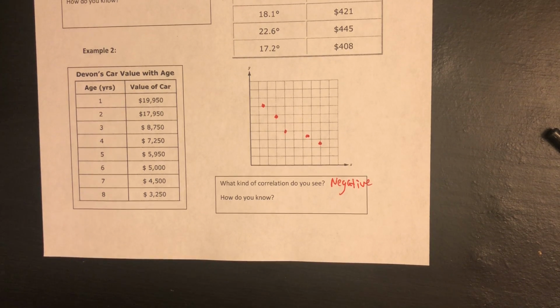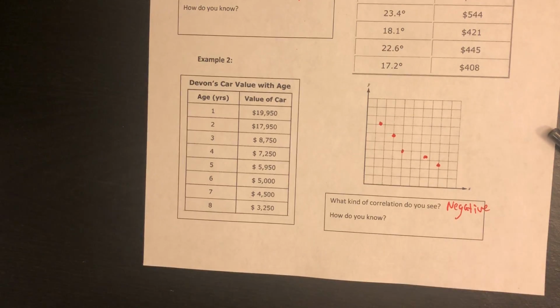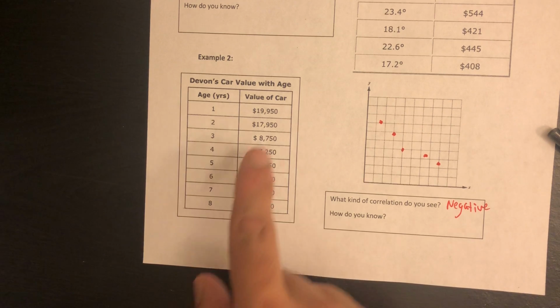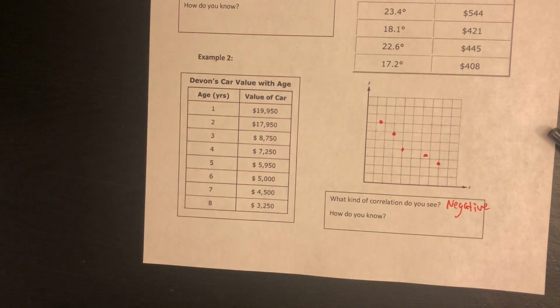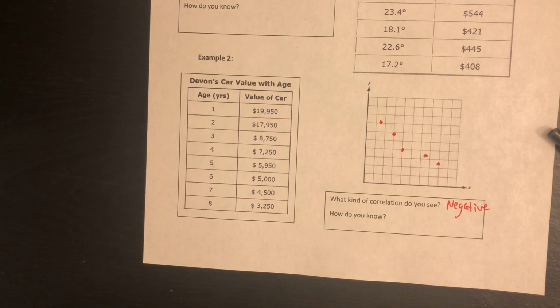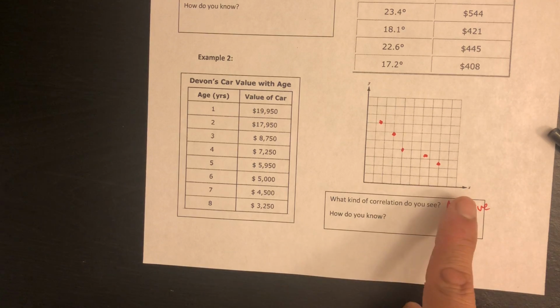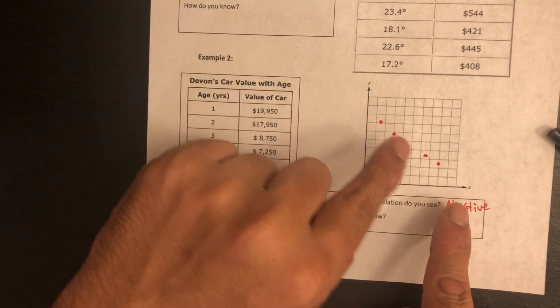The other way that you could have done this without graphing and using Desmos is to look at the table. Now, if you notice your X values are increasing by a value of 1, your Y values are decreasing, okay? So this is a basic form of a negative correlation. As your X values are getting bigger, your Y values are getting smaller.